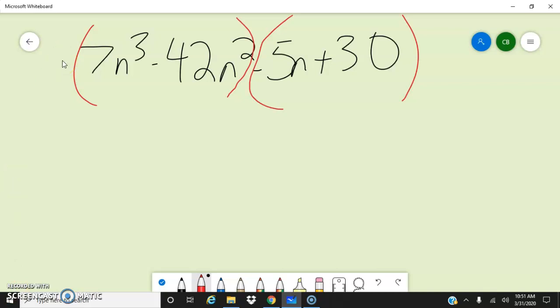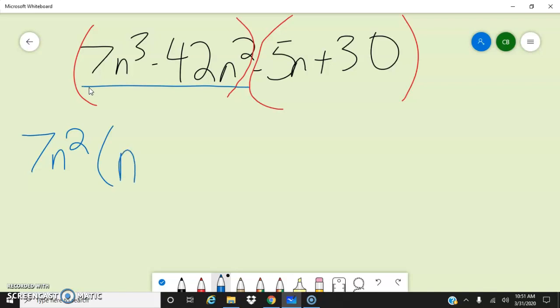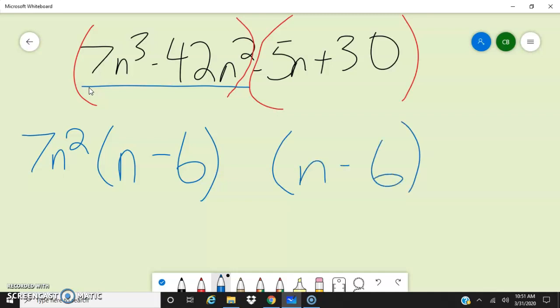Here we go. We need to find a GCF of the first set of parentheses. So I can factor out a 7n squared from this, and then I'm left with just simply n minus 6, right? Because my n squareds will cancel. Now I want my second set of parentheses here to equal n minus 6.